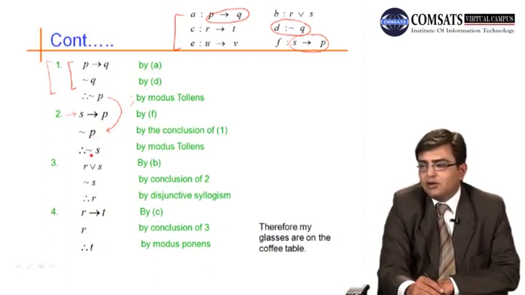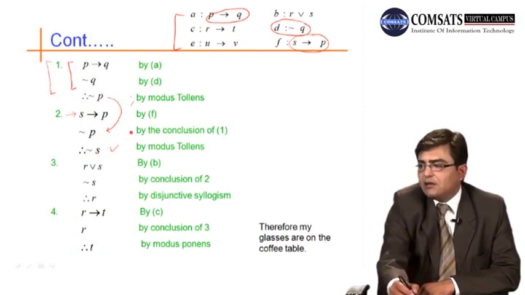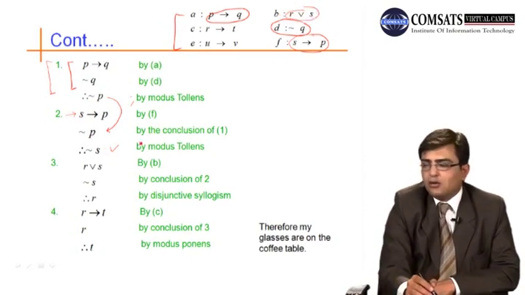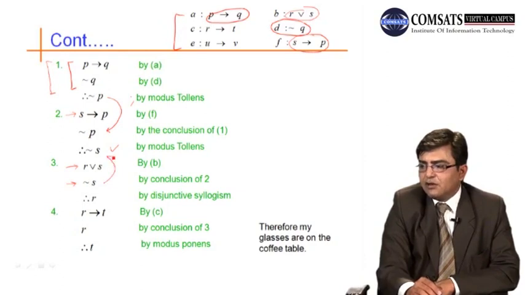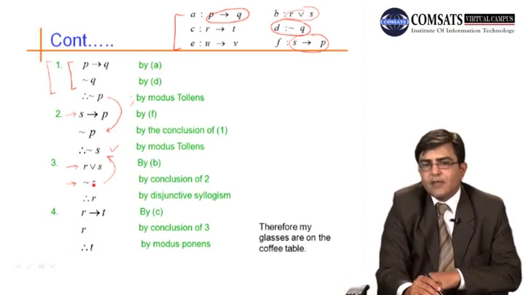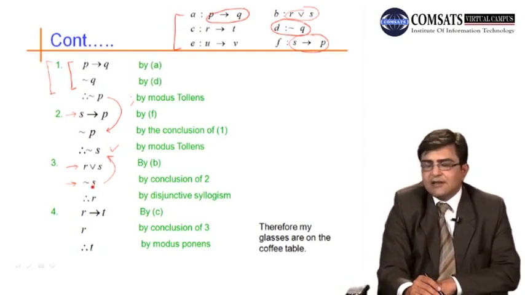We can therefore conclude not S. Now with not S we can combine the fourth premise, R or S. R or S and not S, which is the conclusion of the second step, what is this? This is the disjunctive syllogism. So we can conclude, therefore, R is true.